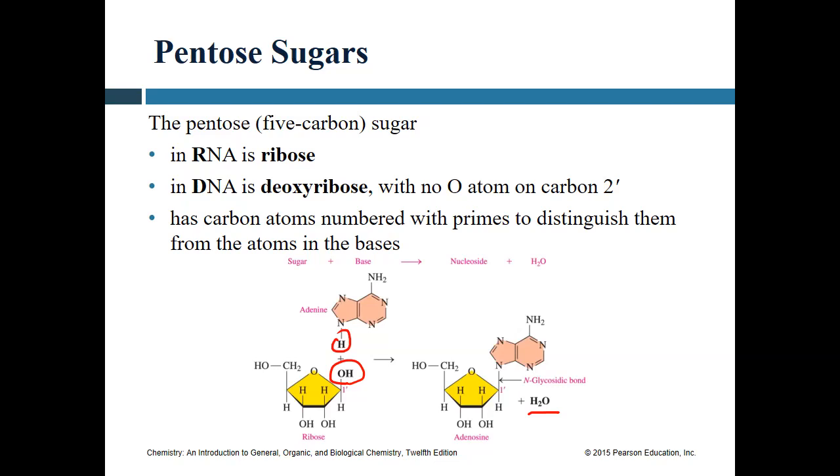And this is an N-glycosidic bond because it's bonding through a nitrogen as opposed to a carbon. So here's our adenosine, the combination of the ribose with the nucleic base there.